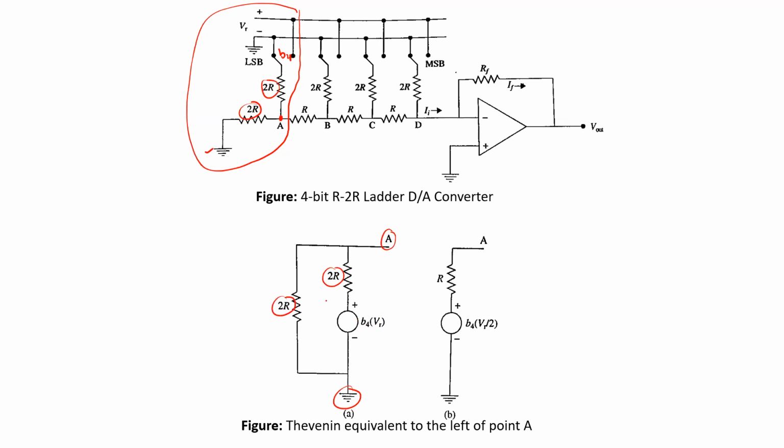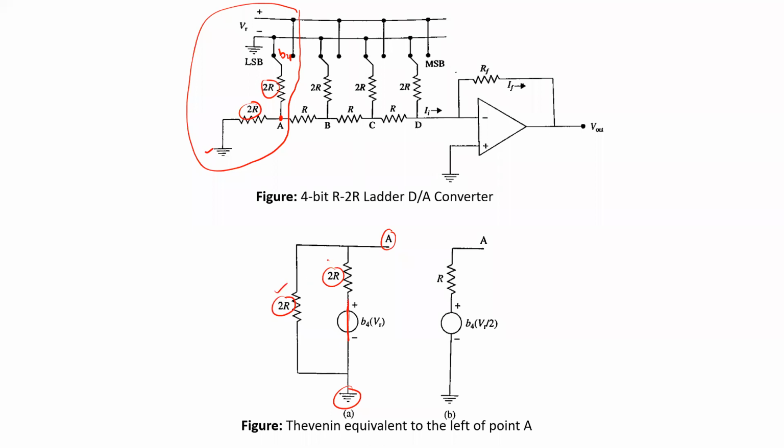Now converting this portion into its Thevenin equivalent is quite straightforward. You have to eliminate the independent source first. As we are considering a voltage source, you can consider these two terminals of the voltage source to be short circuited.